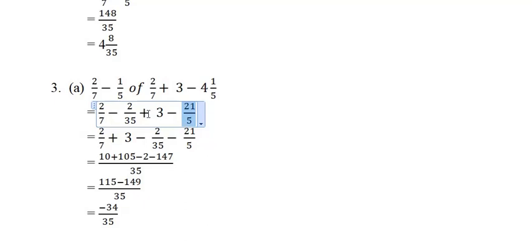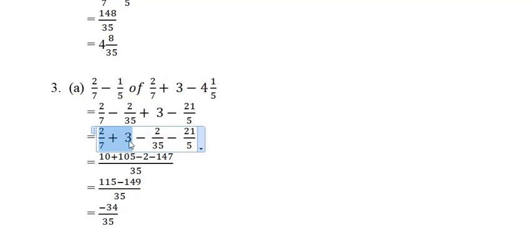After this you can simply have a look at this step, where there is only plus and minus. So it is better that you put this plus sign out here, put this number plus 3 out here, because this 2 by 7 is also a positive number.